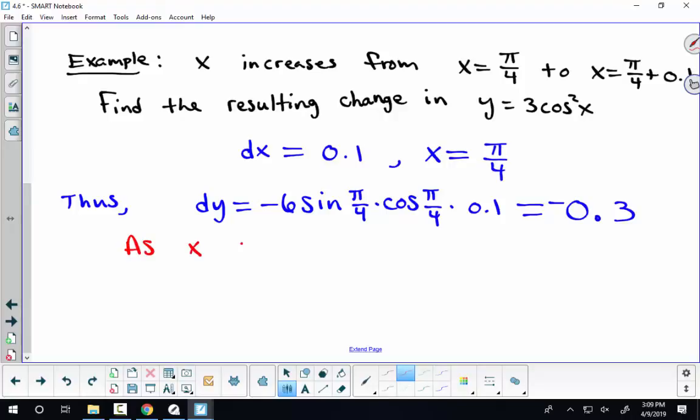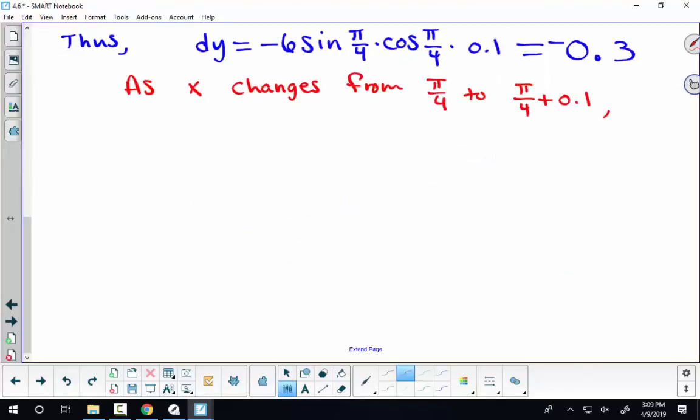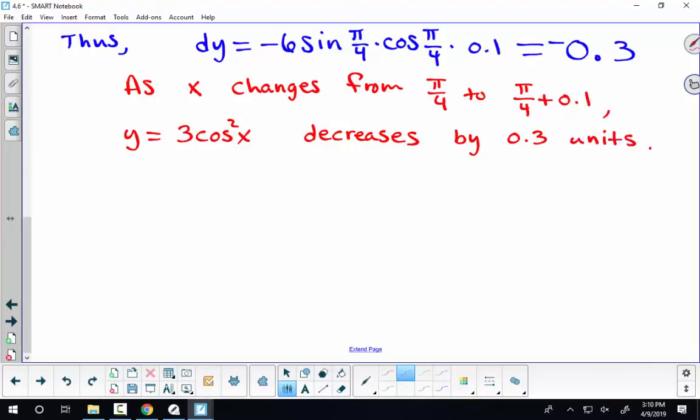As x changes from pi over 4 to pi over 4 plus 0.1, the function y, which was 3 cosine squared, decreases by 0.3 units. If dy were positive, then that would be an increase.